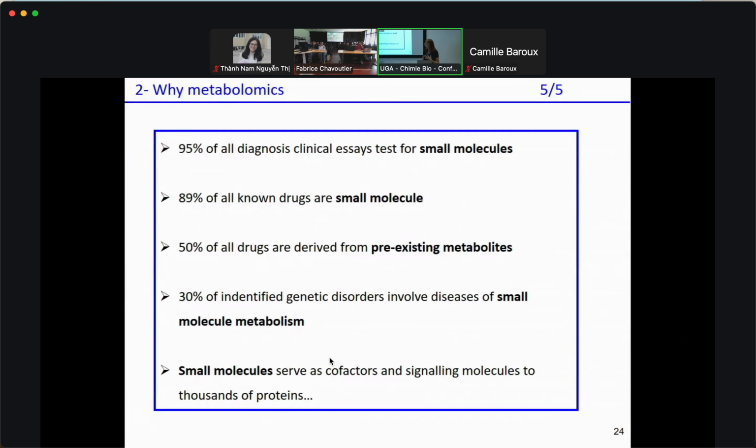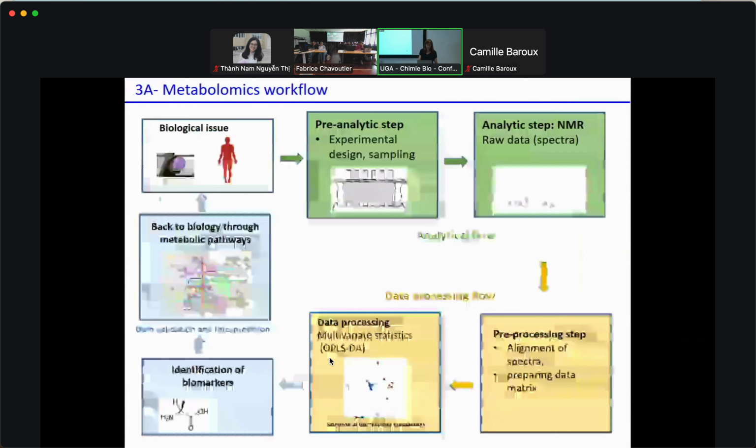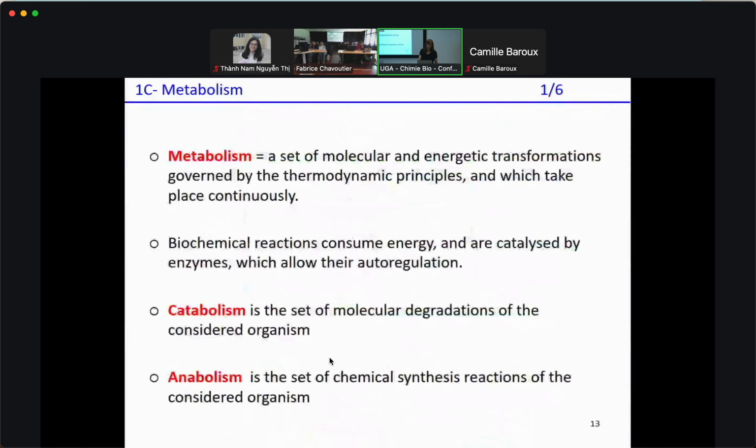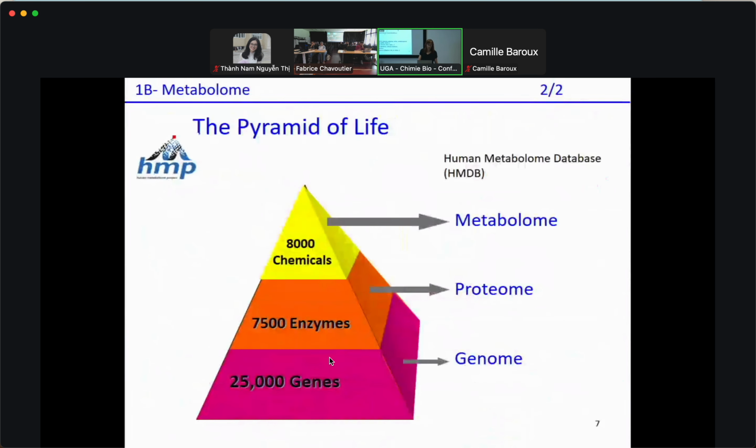This is why people started to study the metabolome. But one difficulty is that, as I showed you before, there are many fewer metabolites than enzymes and genes. So it is always the same molecules that you will find in all pathologies.